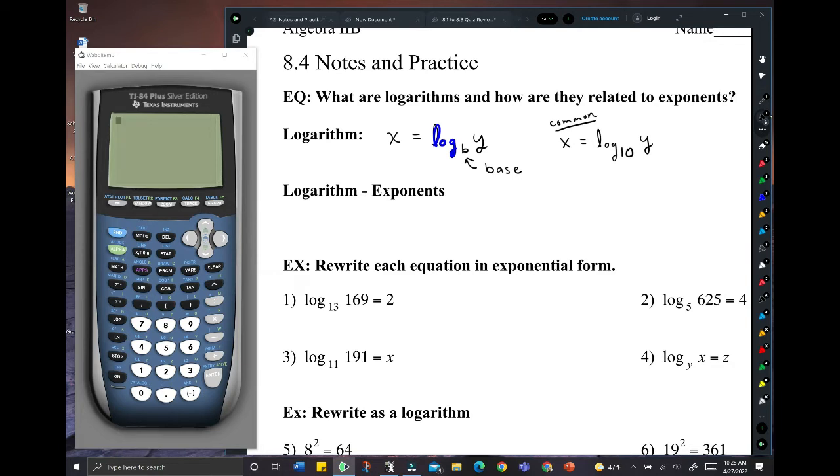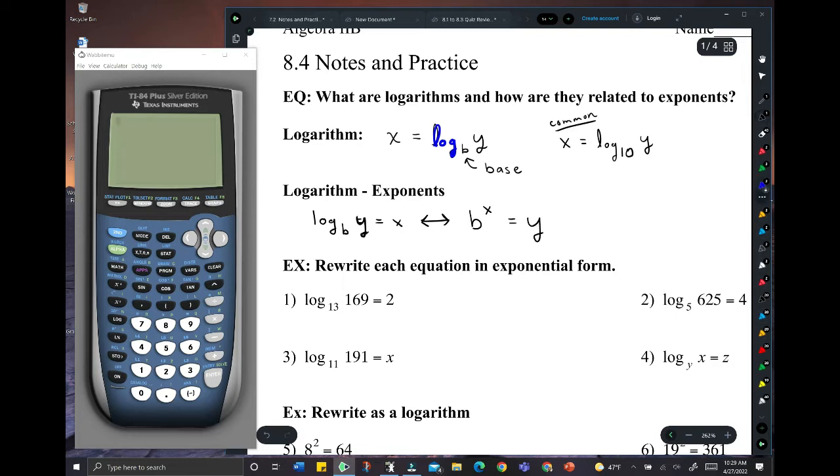The relationship between logarithms and exponents is going to be very important to write down and see what's going on. If we have log base b of y is equal to x, we can rewrite that as b to the x, the base to the x, equals y.